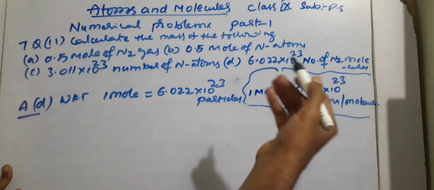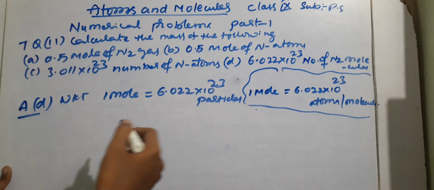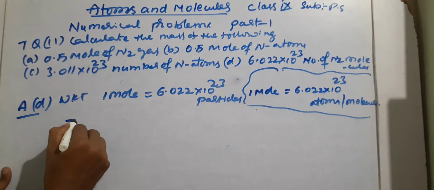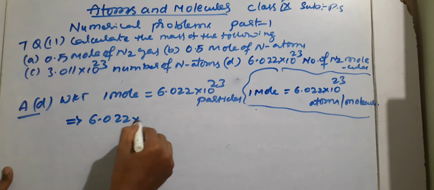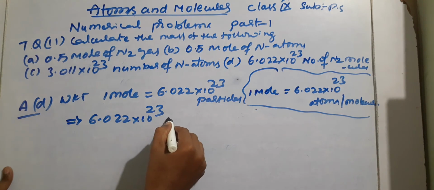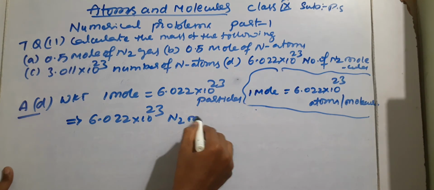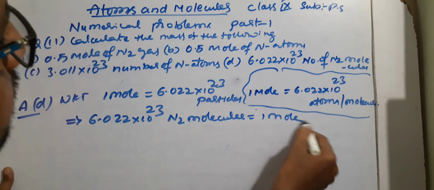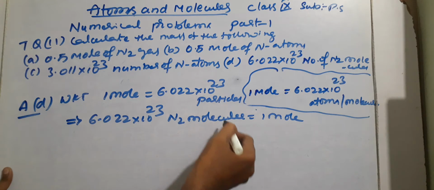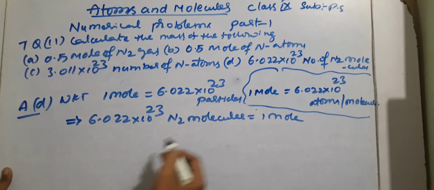Those particles may be atoms or molecules or ions. So in the given problem, 6.022 into 10 power 23 N2 molecules are given. This is also equal to 1 mole, because 1 mole is equal to this number, but particles means here nitrogen molecules are given.